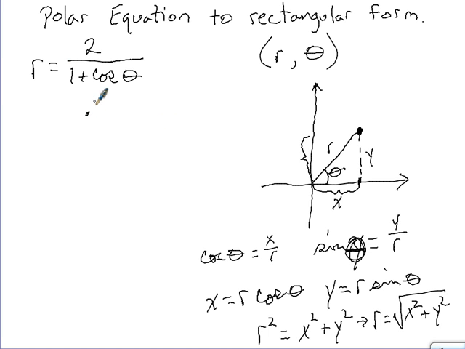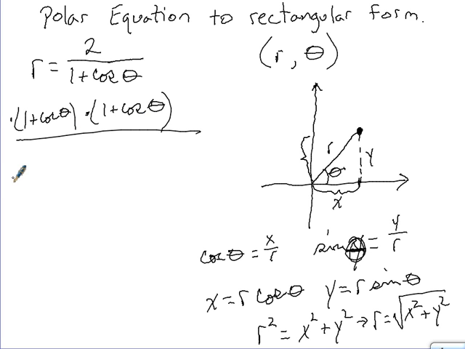So if I multiply by 1 plus cosine theta on both sides, we now have r times 1 plus cosine theta equals 2. And now it's just a matter of the distributive property: r plus r cosine theta equals 2.